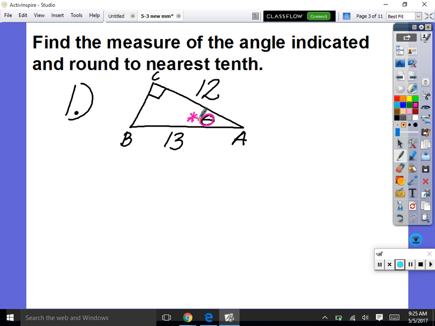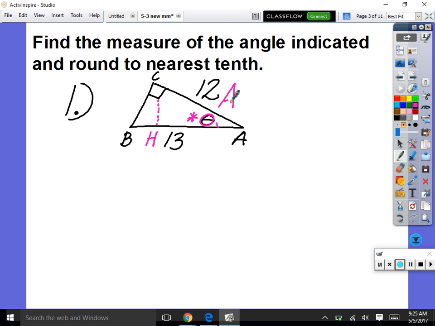Okay, so from here, you're going to say, I can't find an angle without setting up a right triangle trig ratio. From angle theta, which two sides are we given? We're definitely given the hypotenuse, not the opposite. Look, you see how we are not given the opposite? But what does this side have to be? Adjacent.